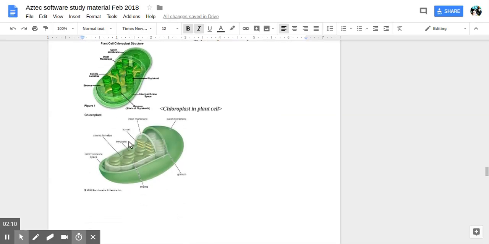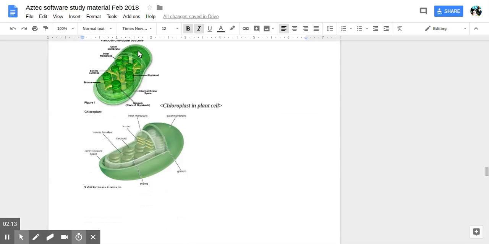Chloroplast. Here it's showing the outer membrane of the chloroplast organelle. Organelles are small parts of cells. This is the inner membrane. What does that say? Thylakoid? Intermembrane space. Granum, stack of thylakoids.